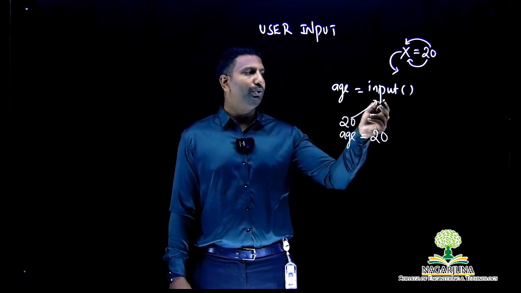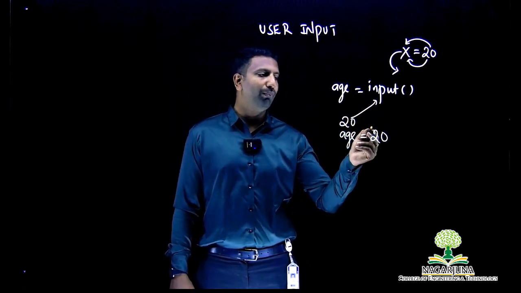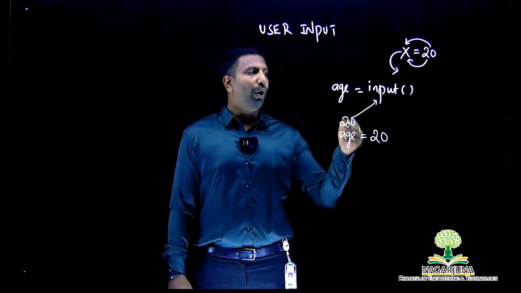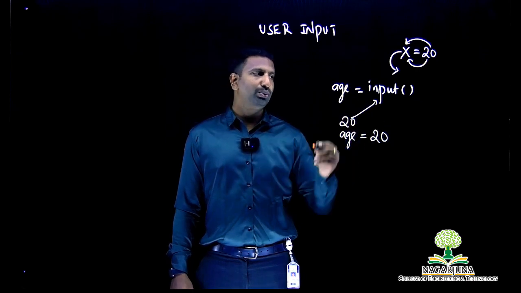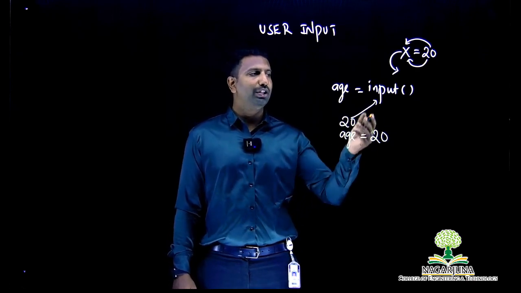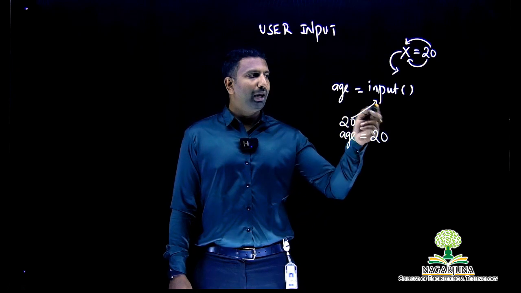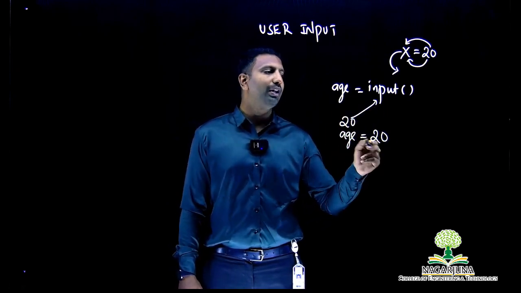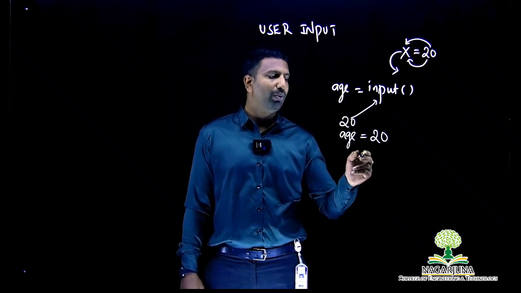So that's how the input function is used to accept a value from the keyboard, or from the user. And what type of value can be entered through this input function? Any value you can give through the input function. Whichever value you give to the input function, it is going to treat that value as a string only.